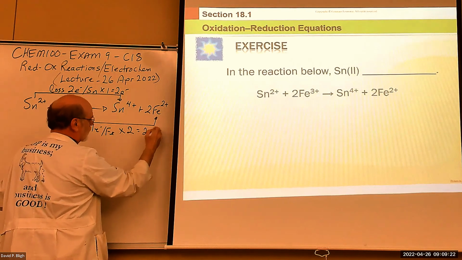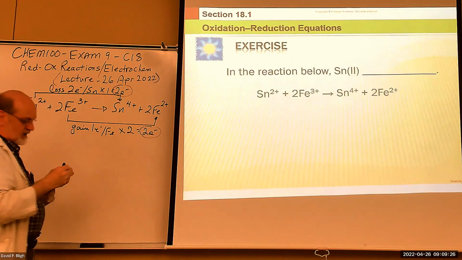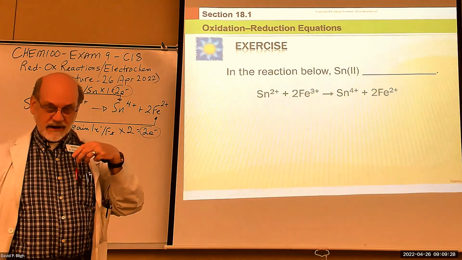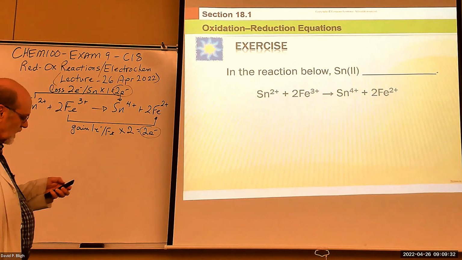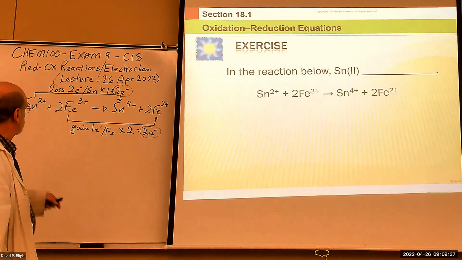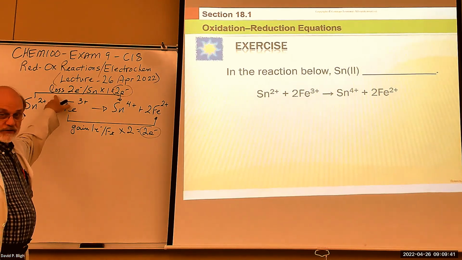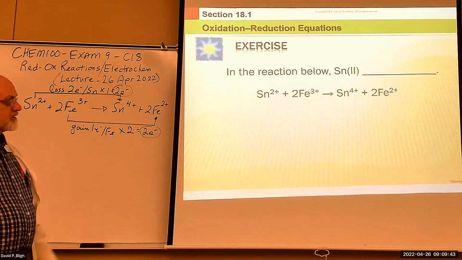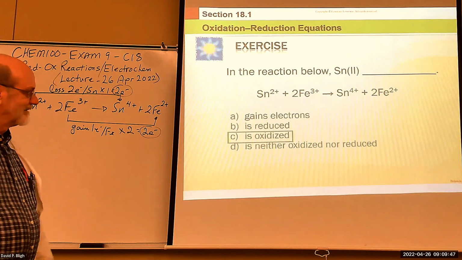Which means 2 electrons. And that accounts for the electron balance in this reaction. Okay, so in this reaction below, tin 2+ is oxidized, oxidation is loss. Okay?